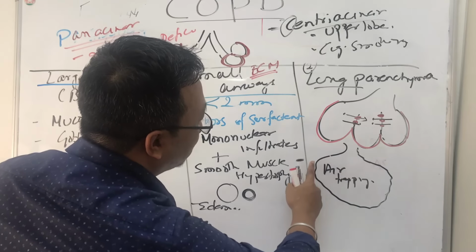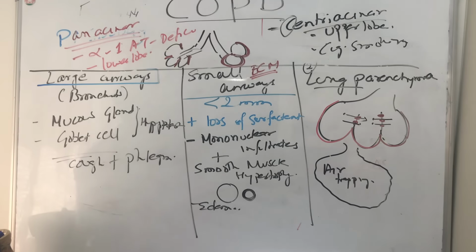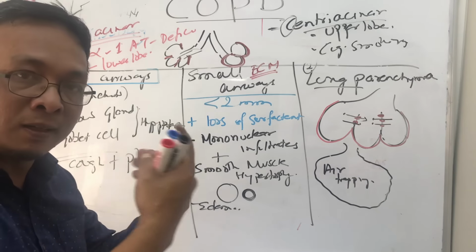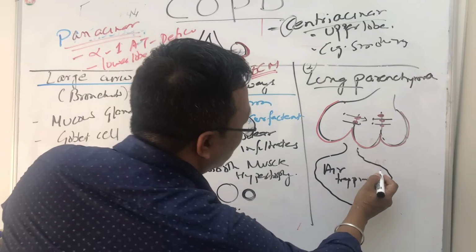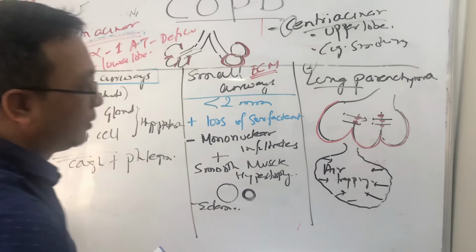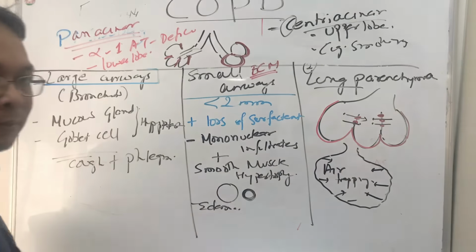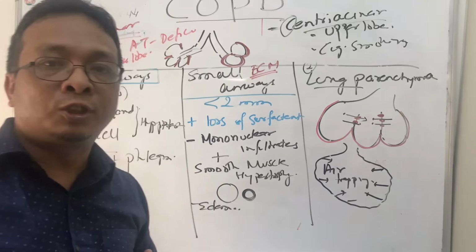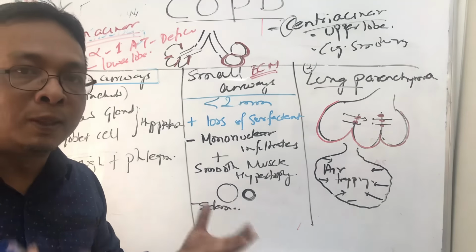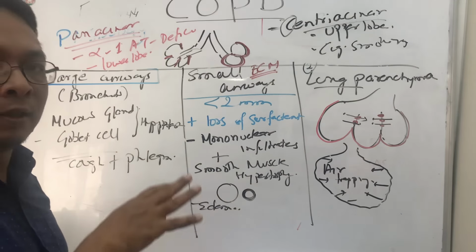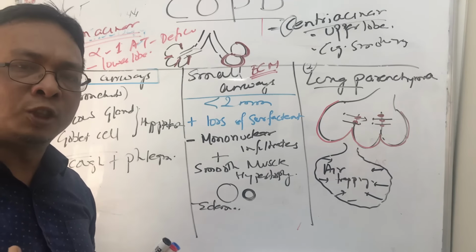It has difficulty forcing the air out because there is no recoil capacity, no recoiling power. So there is permanent air trapping here. This explains the barrel shape, why the chest becomes hyperinflated in emphysema. Because of air trapping, the chest looks barrel shaped in emphysema.